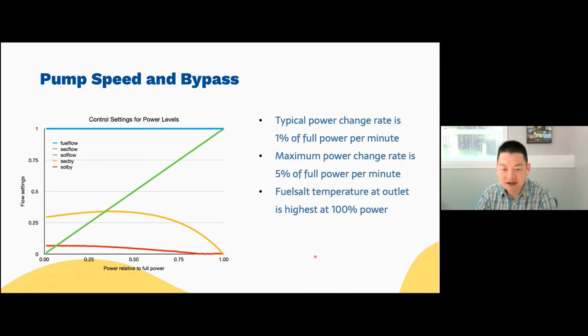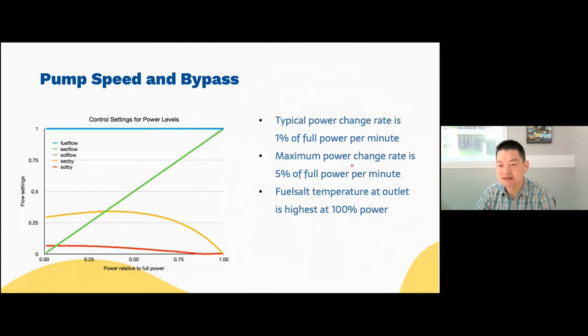Hopefully, this is more obvious when we run the simulation. It's not very straightforward from the slides, but hopefully this gives you a general idea of how the load following will happen. The typical power change rate is about 1% of full power per minute. That means if you want to increase power from 40% to 100%, it takes about an hour.